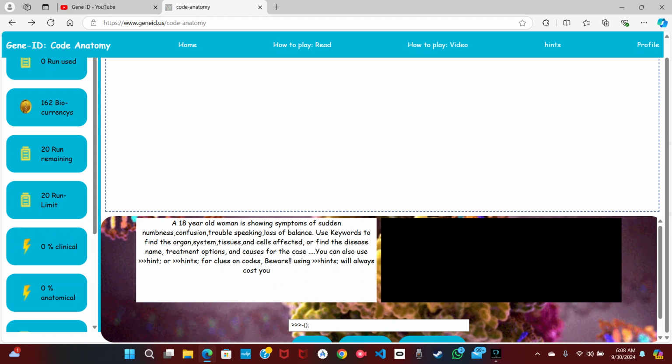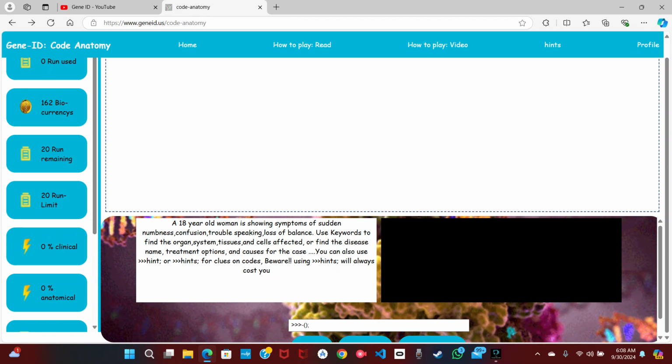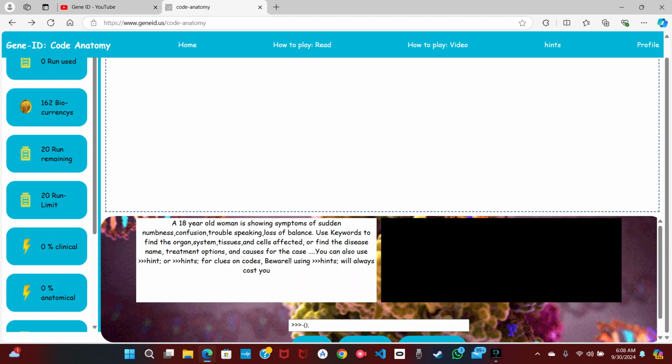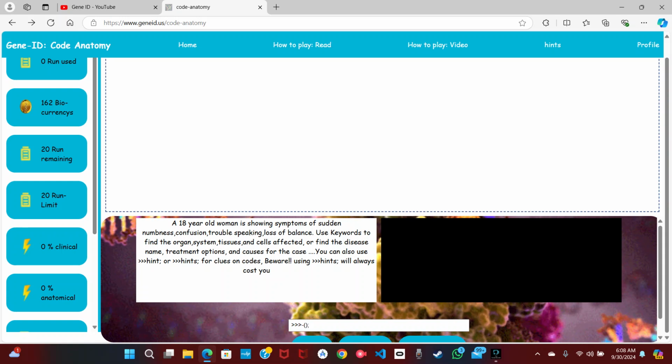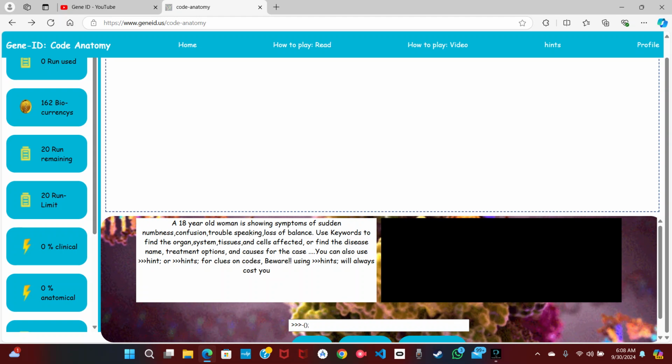So let's start. An 18-year-old woman is showing symptoms of sudden numbness, confusion, trouble speaking, loss of balance. Use keywords to find the organ, system, tissues, and cells affected. So we've dealt with this aspect, which is the anatomical side.